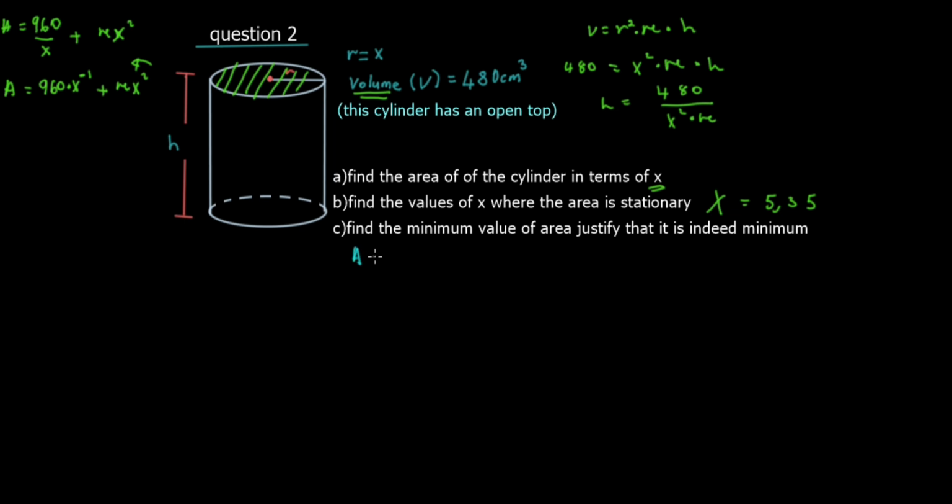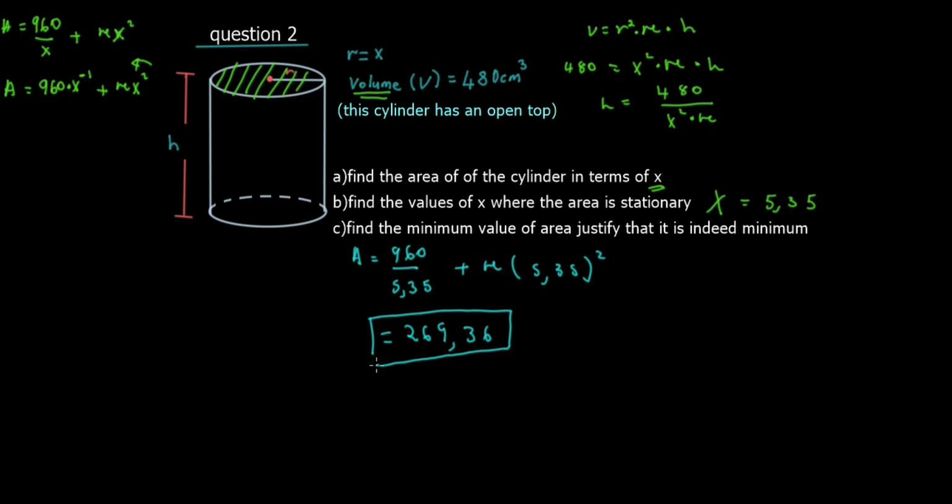So the area equals 960 over 5.35 plus pi multiplied by 5.35 all squared. When you do the calculations, you find out the minimum area is 269.36.